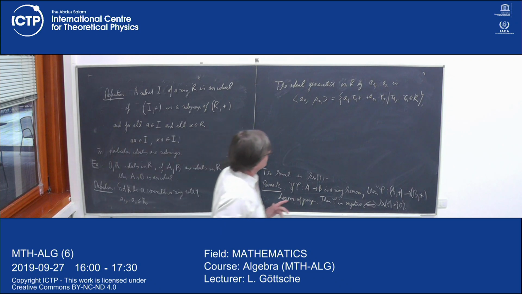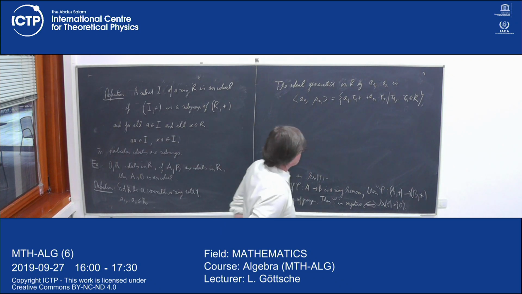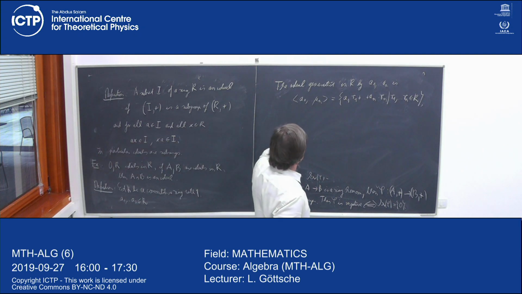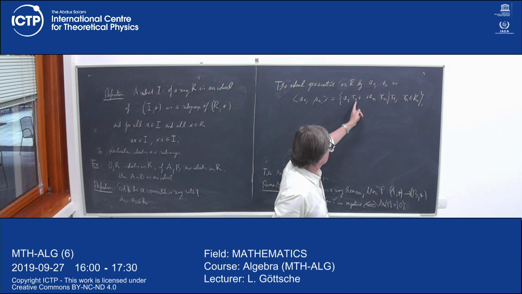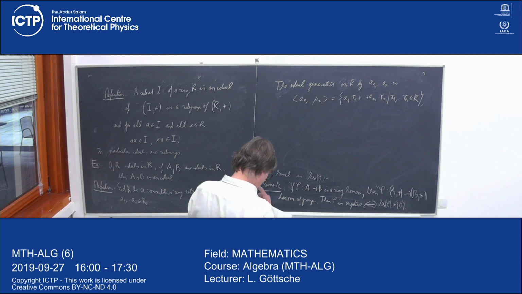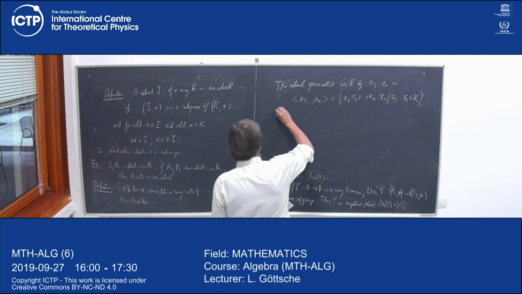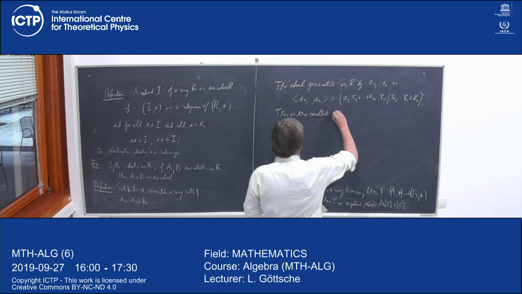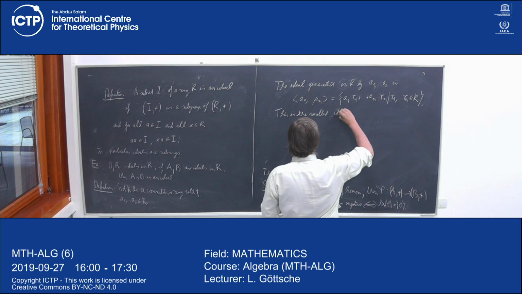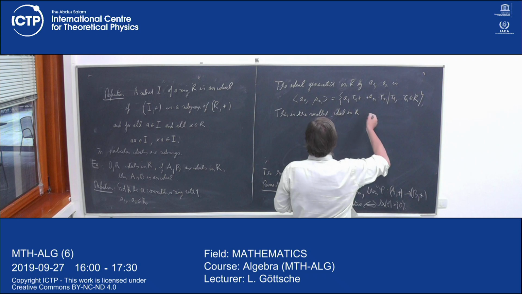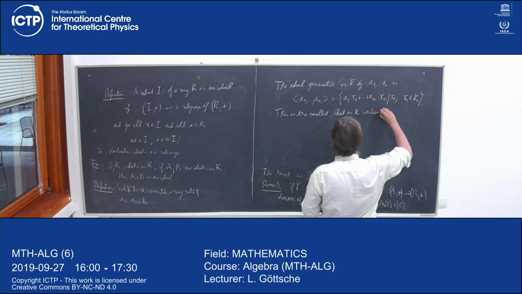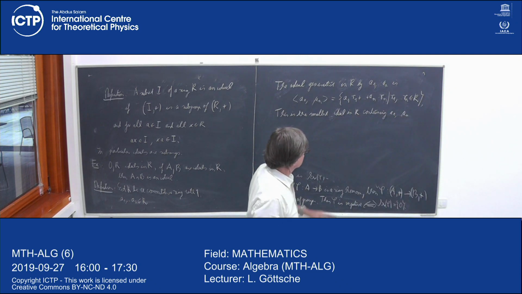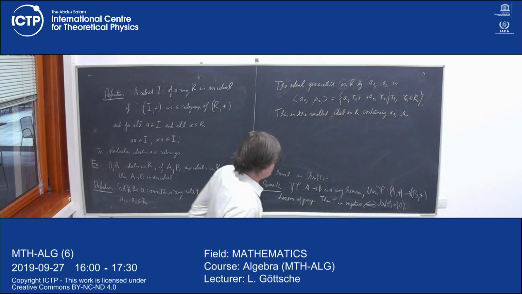If I take the sum of any two such, obviously it's again of this form, we just sum the coefficients, and if I multiply such a thing with an element in R, you just multiply each coefficient with this element. And so obviously this is the smallest ideal in R containing all these elements, because you can just take everybody 0 except for one, and then you have the AI.